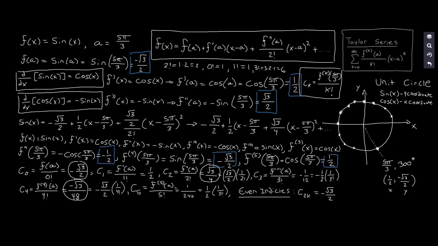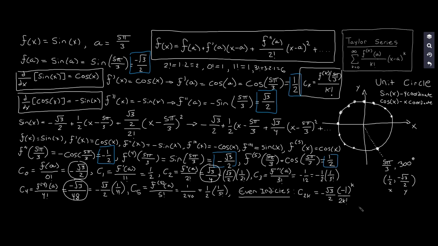The interesting thing here is that the signs alternate. So what does that mean for us? Whenever you see alternating signs and you're trying to write a summation, you can put negative 1 raised to the power of k. And on the bottom of this c sub k there's a factorial. For the even indices, we can write 2k factorial.